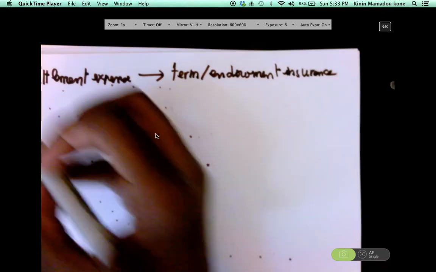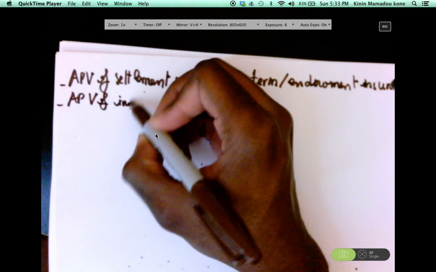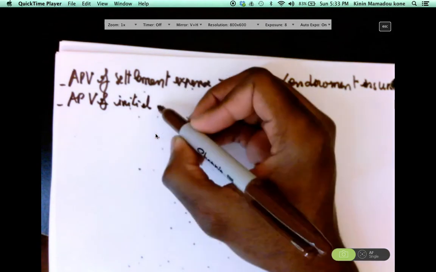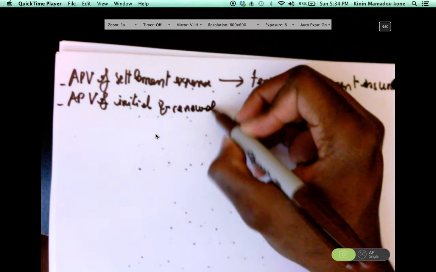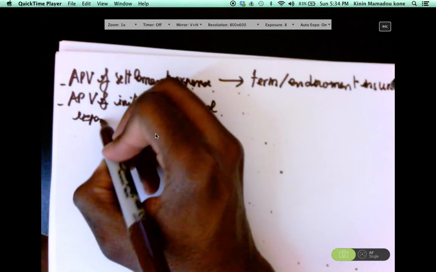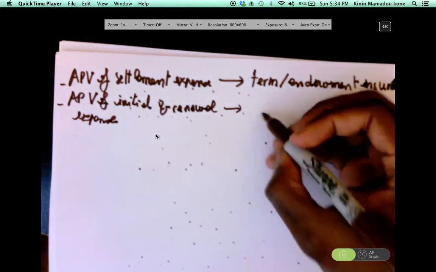And the actual present value of initial and renewal expenses is in the form of a life annuity.